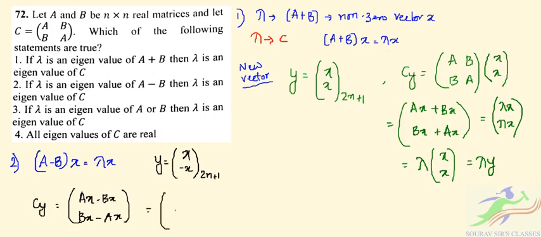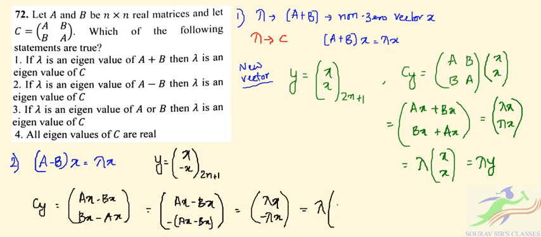We can simplify it as lambda x and minus lambda x. Take lambda out of it, x and minus x, which is nothing but lambda y.